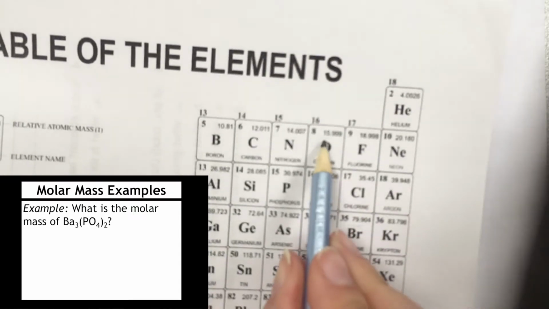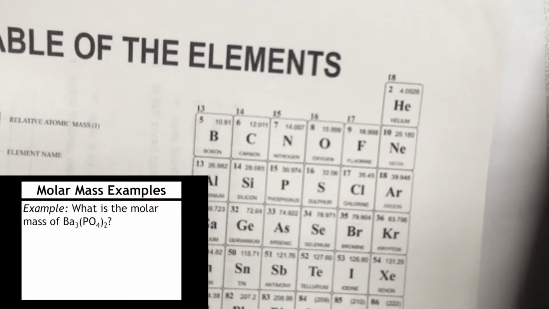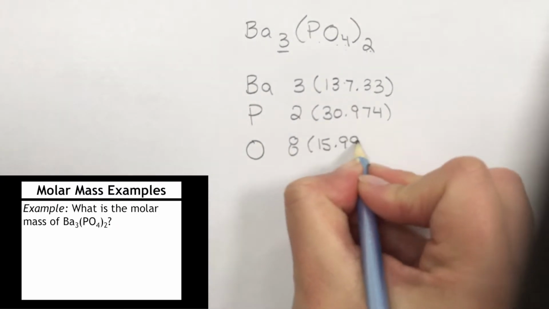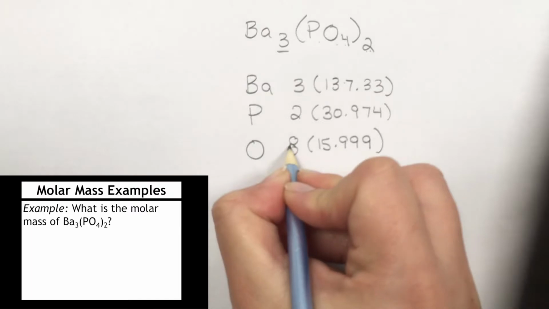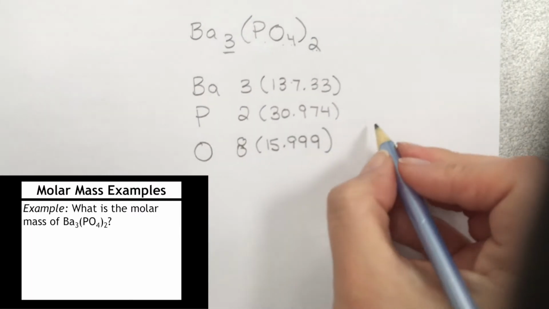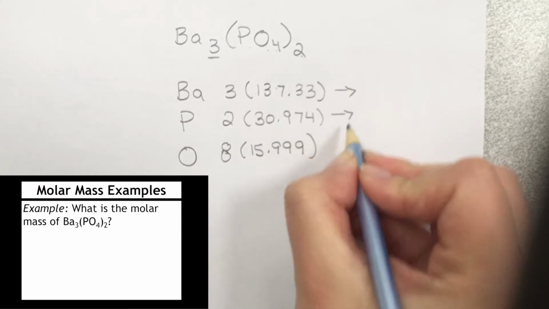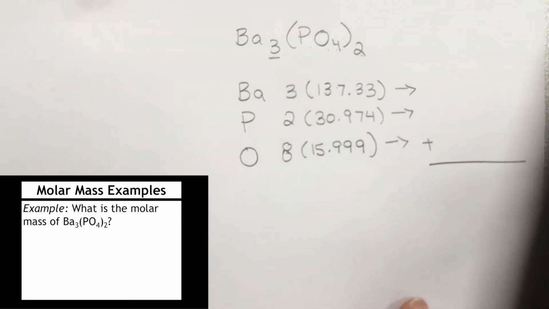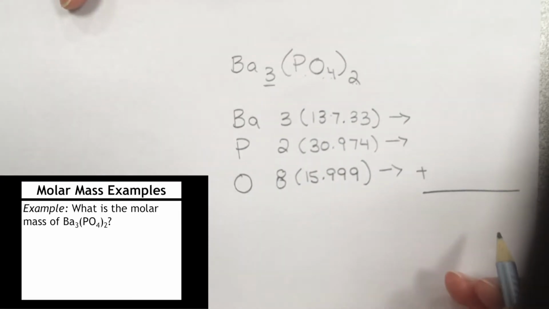And oxygen has an atomic mass of 15.999. So we're just going to send them over here, add them, and we'll have our answer. Okay.